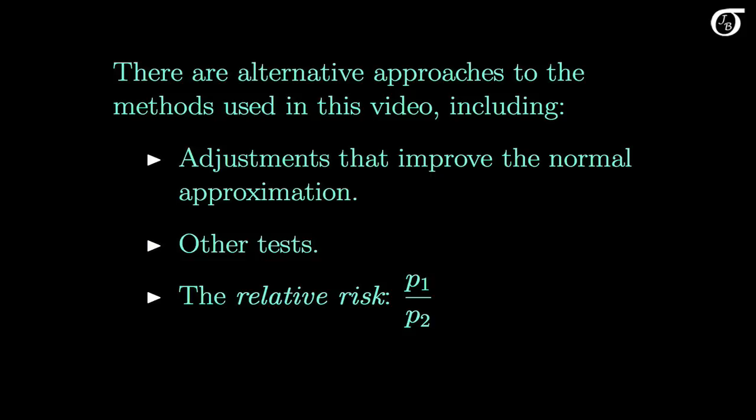With the relative risk, we can say things like, individuals with a certain risk factor are 3 times more likely to develop lung cancer. Quite often, this is a more meaningful measure than the difference in proportions. In another video, I work through a complete example of the inference procedures we discussed in this video.